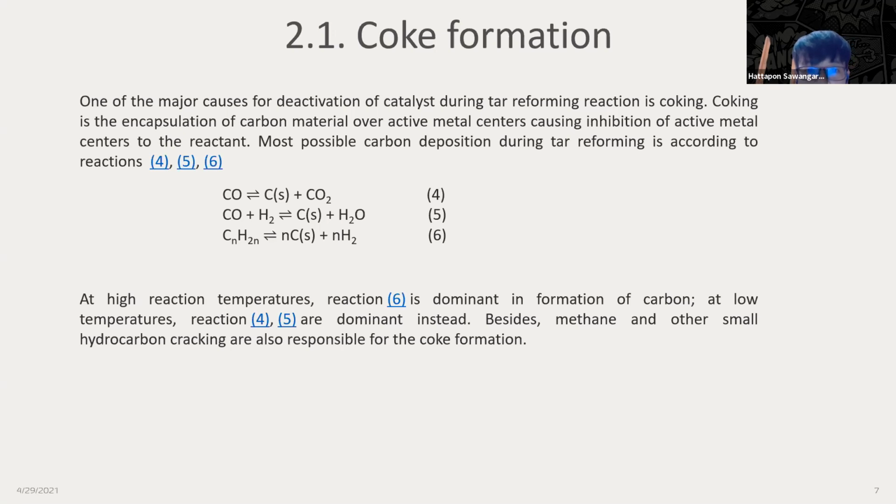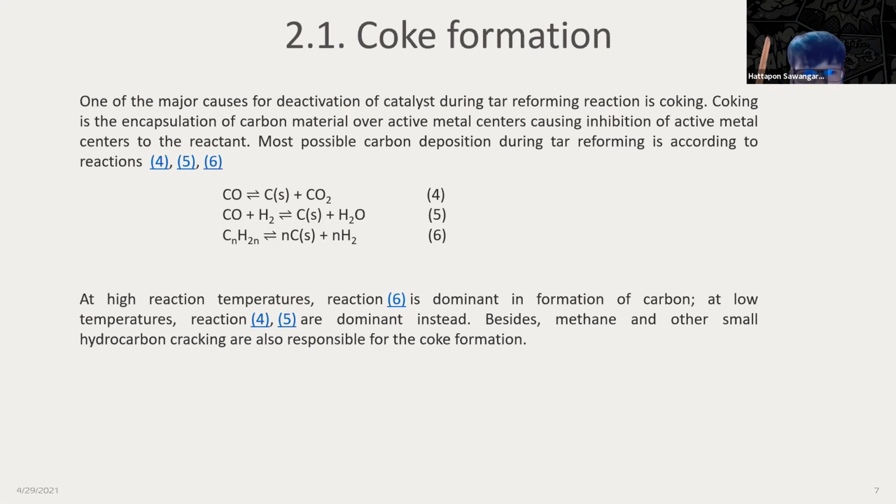Another possible carbon deposition during tar reforming is the methane cracking reaction. You can see equations 4 to 6. At high reaction temperature, reaction 6 dominates the formation of carbon. At low temperature, reaction 5 dominates.